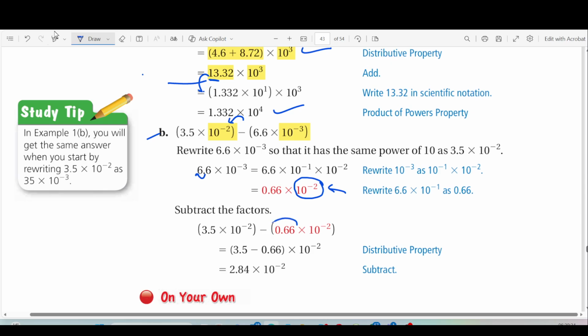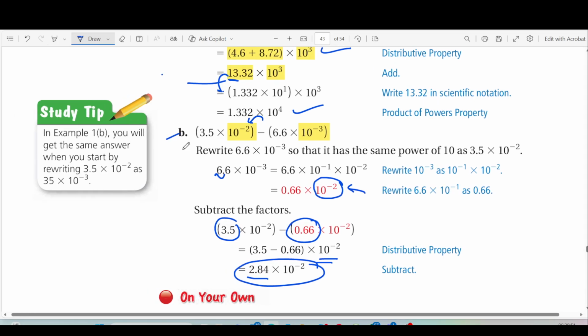So we can just subtract these two. We got 2.84, and because they both have the same 10 to the power -2, we can just write it like this, and that's our answer. So if the exponent is not the same, first you need to convert one of them and make it the same.